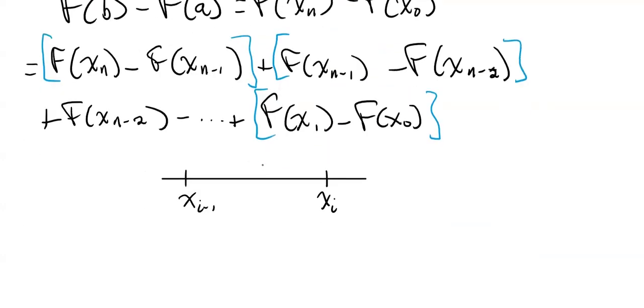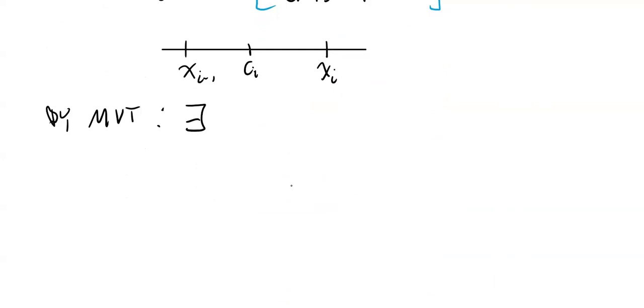Somewhere in here we have a point c, I'm going to call it c sub i. There's a point in there, and by the mean value theorem, there exists, that's what that symbol means, there exists some point c sub i, which is in the open interval x of i minus 1 to x of i, okay?